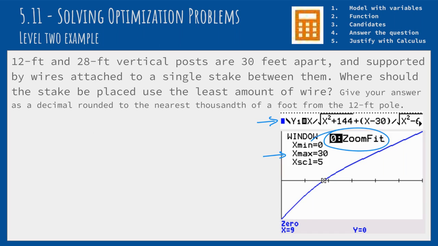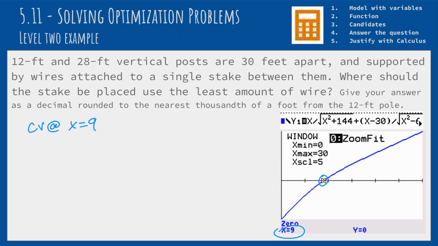Then I use zoom fit just to make sure we get a nice clean graph, and we get a graph that looks like this. Then I use the zero function on my calculator to solve the equation where the derivative equals 0. So picking up at that point, I'm going to write on my paper, we have a critical value at, and this is a nice clean one here, x equals 9.